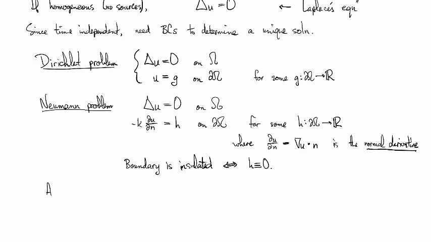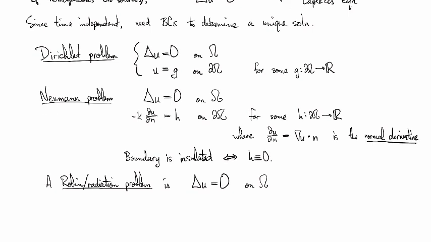And then a Robin problem, or radiation, sometimes it's called, like Newton's law of cooling or something like that, is going to be something where the Laplacian of u vanishes interior to the domain, and then on the boundary we have some relationship minus k du/dn equals minus h u minus g.